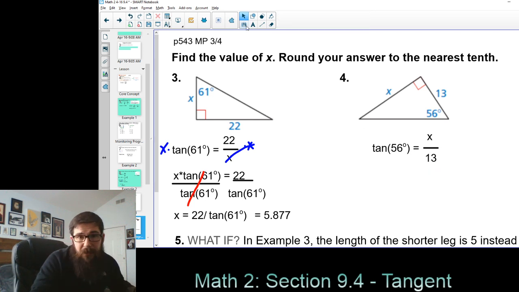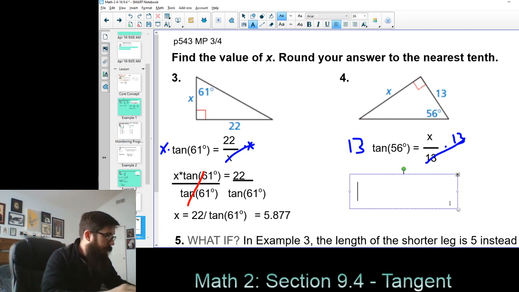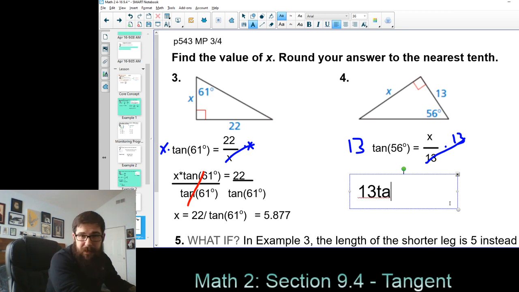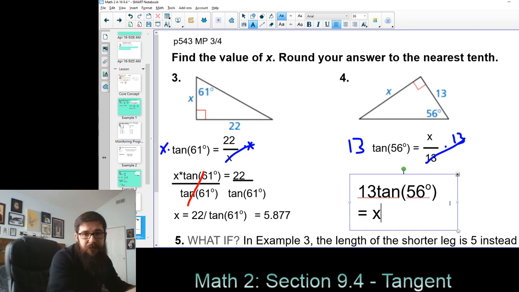What am I going to have to do to get x by itself? It's being divided by 13, so if I multiply both sides by 13, all I have to figure out now is what is 13 tan 56. I'm going to write it that way because that implies multiplication if they're sitting right next to each other. It's a little smaller.